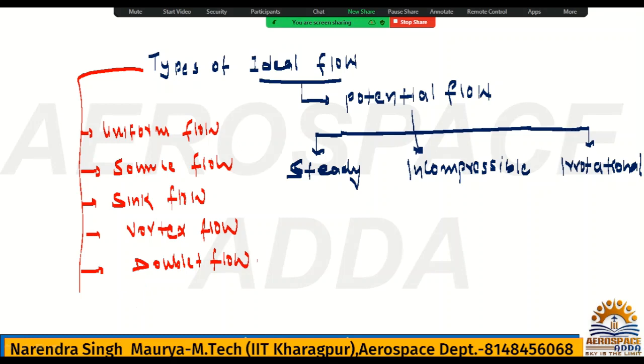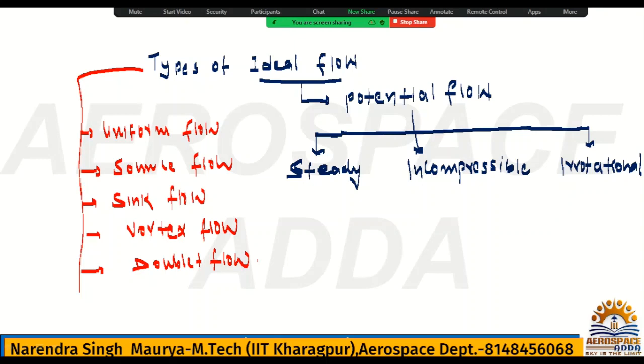Okay, that much of the types of flow we'll talk about, then we'll superimpose them. In fact, doublet flow is also a superimposition of source and sink, but you can say this is a basic type of flow. Then we'll superimpose, like we'll take the combination uniform flow plus source flow.